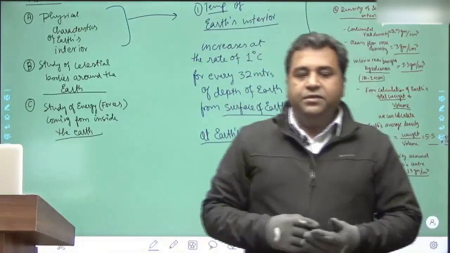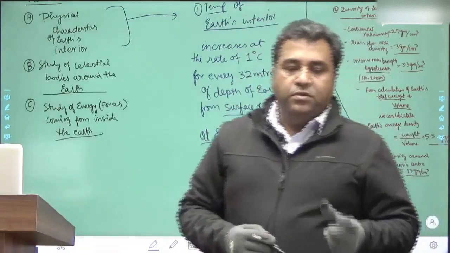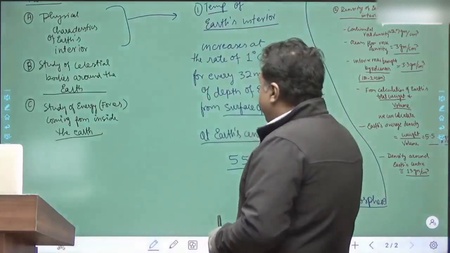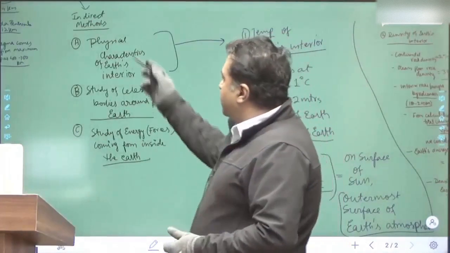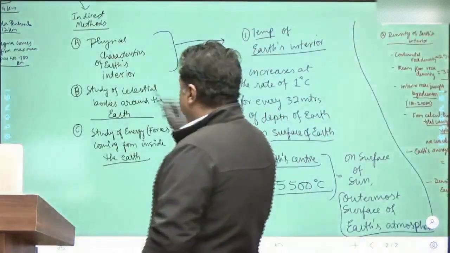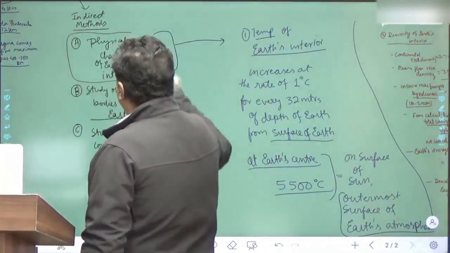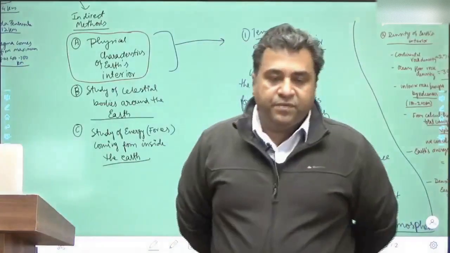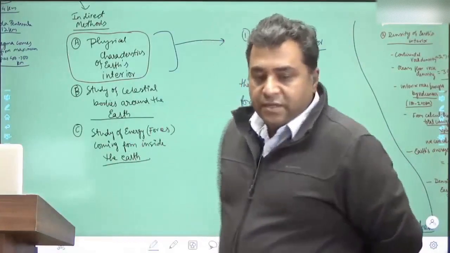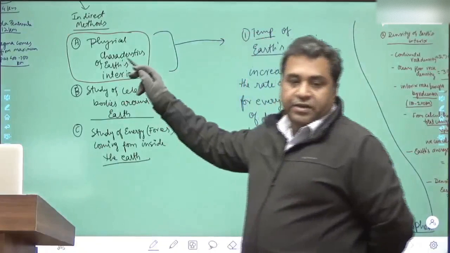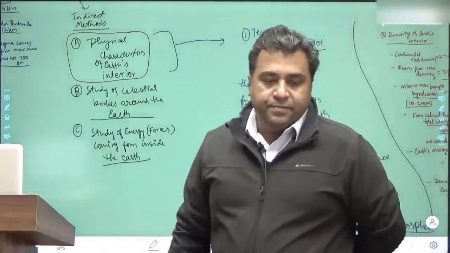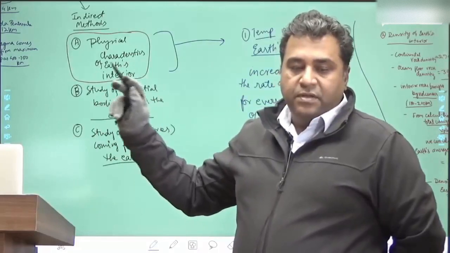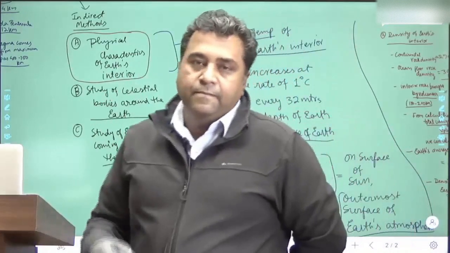So you can write: hence this is how the first indirect method, which was the physical characteristics of the Earth interior, helps us in understanding about the Earth's interior.